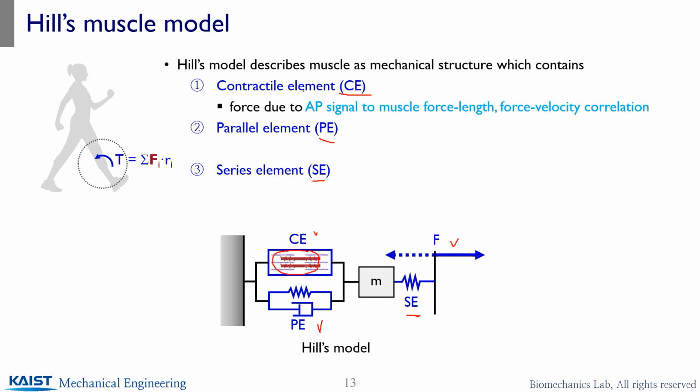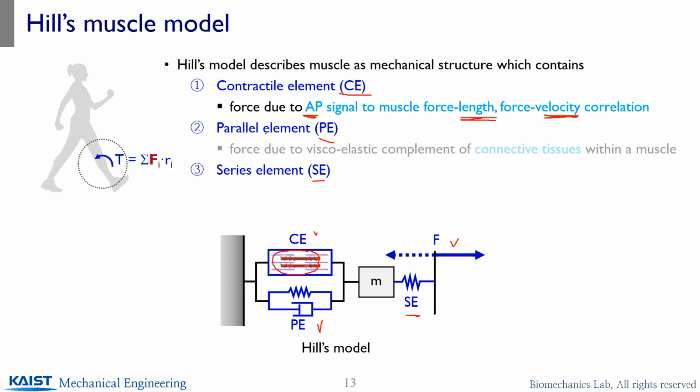Again, the contractile element is due to the real muscle activation mechanism, AP signals to the muscle, and researchers found that it is a function of length and velocity. I'm going to explain that later in the next slide.